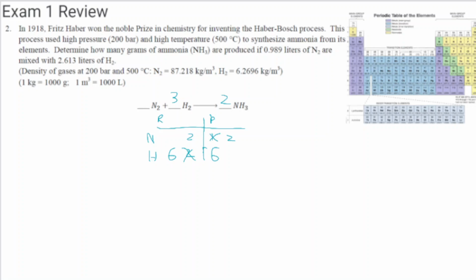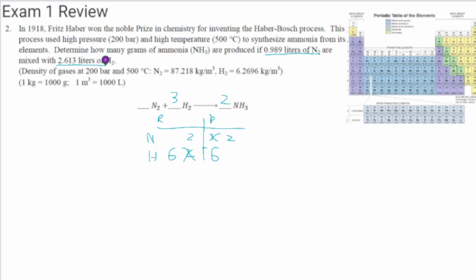All right, so now that we have our equation balanced, we can go ahead and start trying to solve for this. We need to determine how many grams of ammonia are produced if 0.989 liters of N2 are mixed with 2.613 liters of hydrogen. Our starting stuff is this 0.989 liters of nitrogen and 2.613 liters of H2.